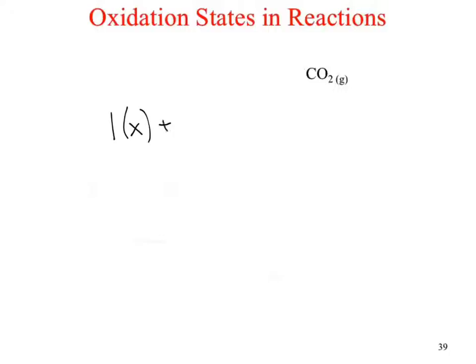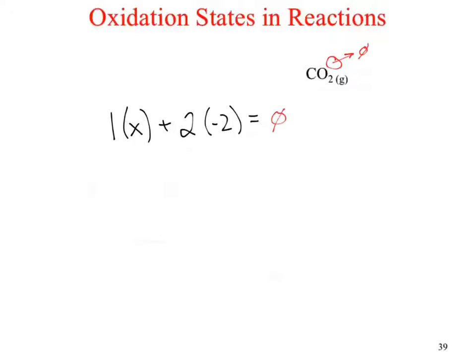Plus? 2 oxygens. What's the oxidation state of oxygen? This has to equal? Why are you saying 0? I don't accept 0. Not 0. The overall charge. What is the overall charge on this molecule? That is now 0. Upper right-hand corner. I didn't say you were wrong. I just said I didn't accept it. Okay. Overall charge. Stick with the overall charge.